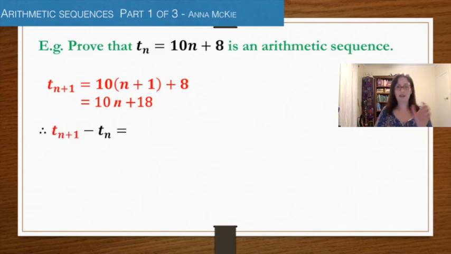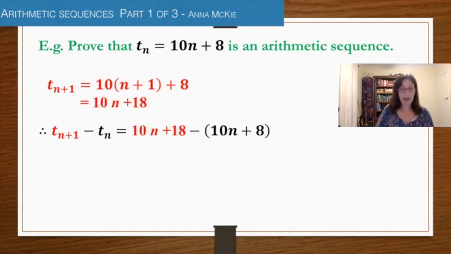And now, remember that formula on a previous slide? This is the formula to define an arithmetic sequence. You look at 2 consecutive terms and you must get a difference that's a constant. So the nth plus 1 term is this, 10n plus 18, and that's what we have written here. And then subtract off the tn term, which is what we were given in the beginning.